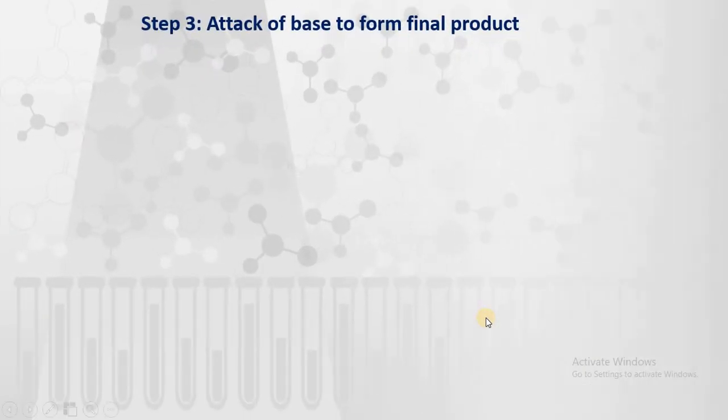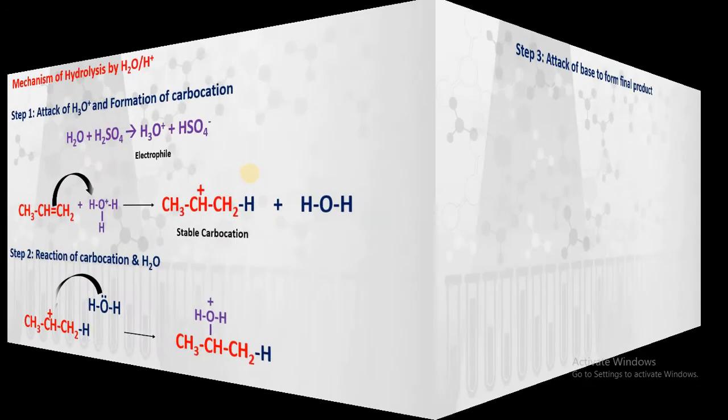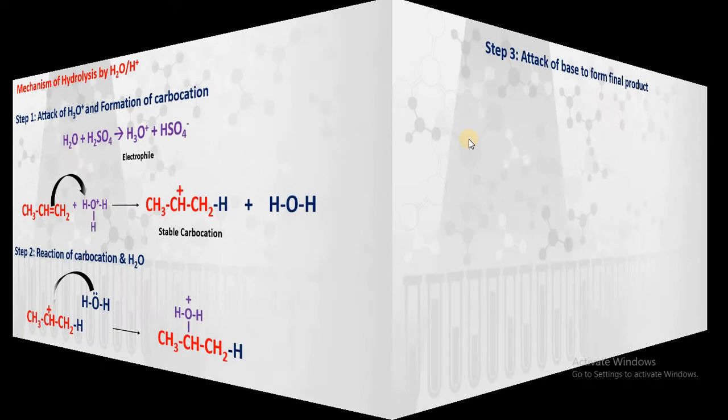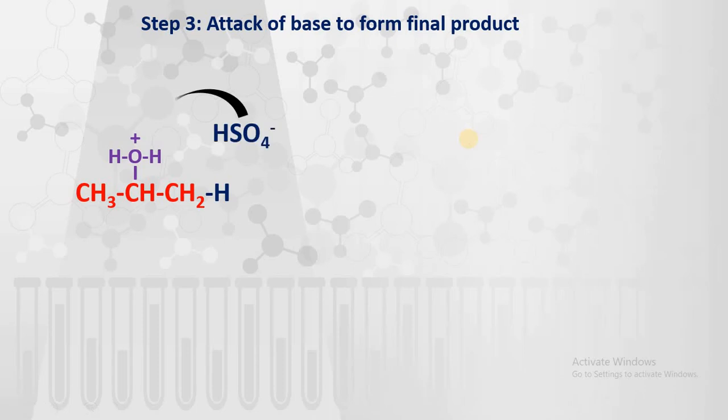In the third step, attack of a base takes place to form the final product. Here the HSO4-, which we have seen in the last slide, acts as the base, and this attacks the proton.